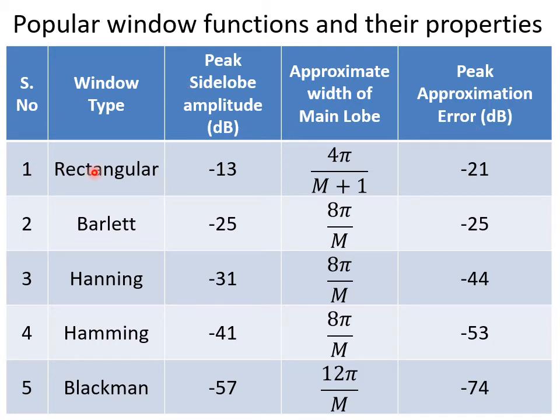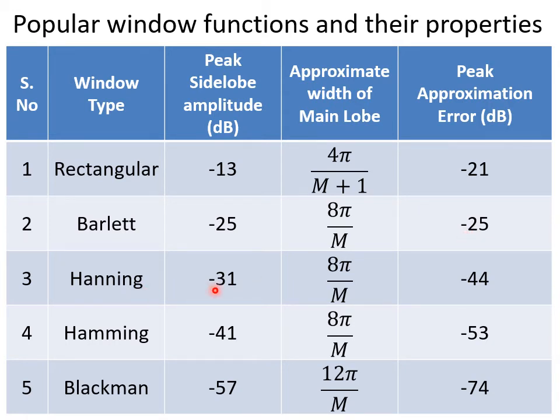In the rectangular window, the peak side lobe amplitude is minus 13 dB, the width of the main lobe is 4 pi upon M plus 1, and the peak approximation error is minus 21. In the Bartlett window, the peak side lobe amplitude is minus 25 dB, slightly less than the rectangular window, the approximate width of the main lobe is 8 pi upon M, and the peak approximation error is minus 25.